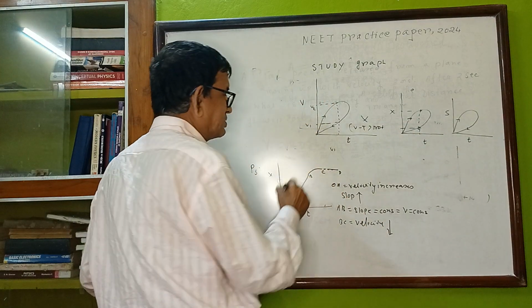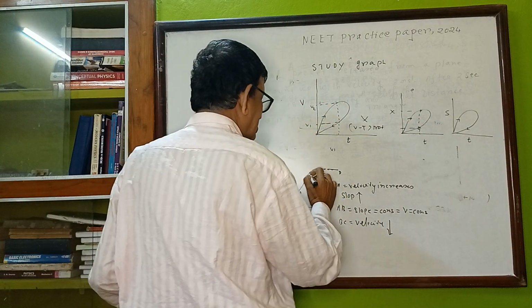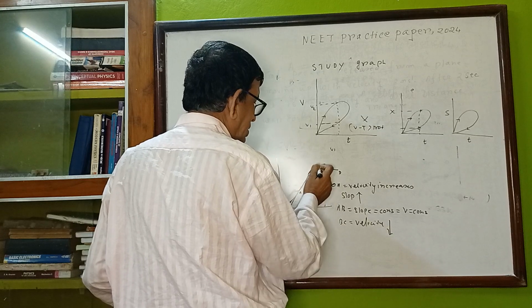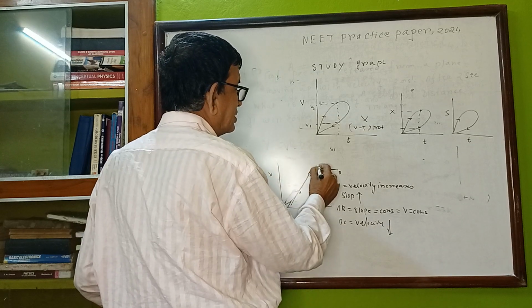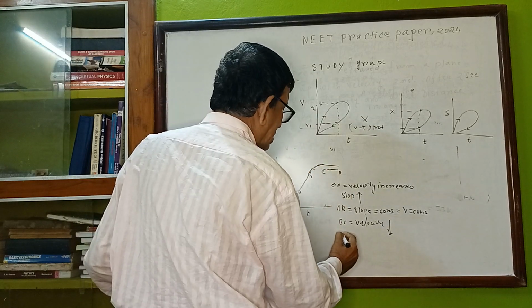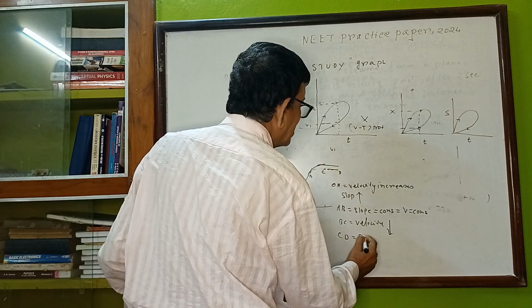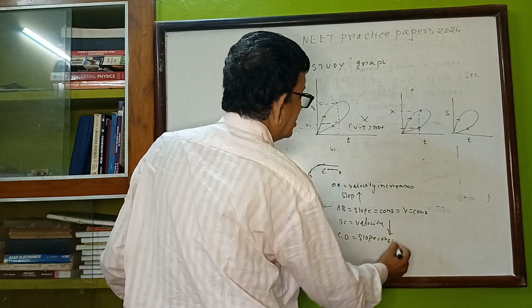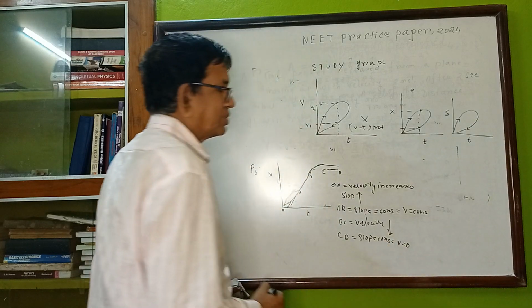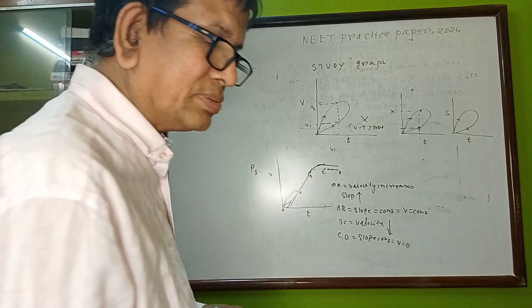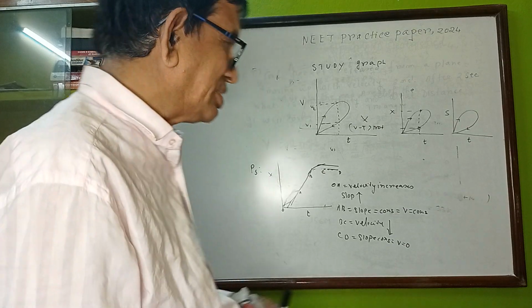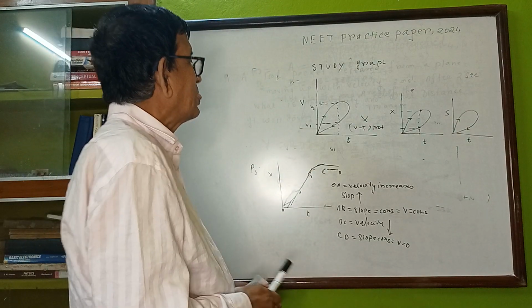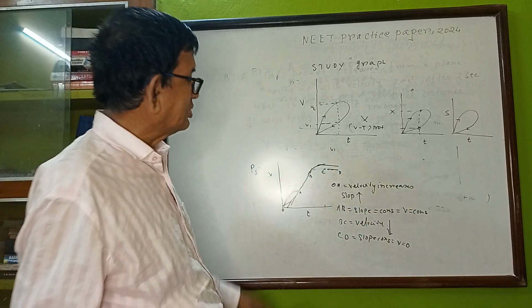You can see the slope decreases. Then the slope becomes constant at CD, so the velocity is 0. Clear? So the velocity is 0 in the CD portion. So I have shown you two graphs.